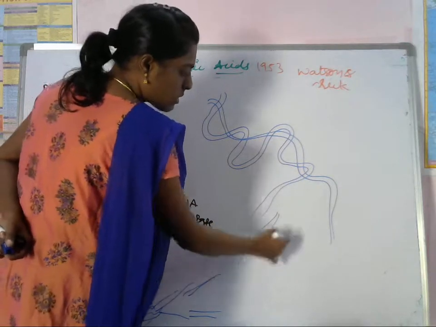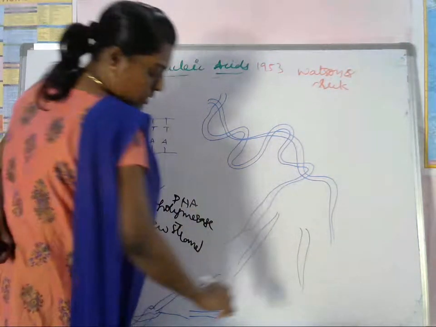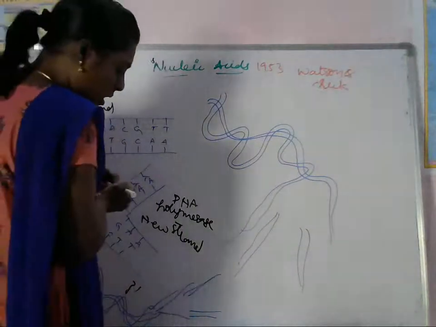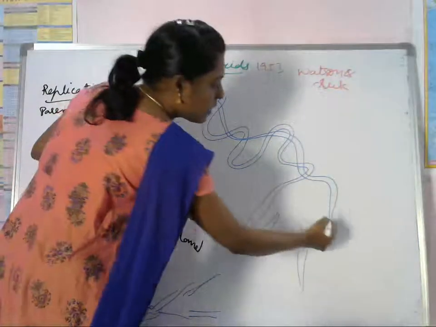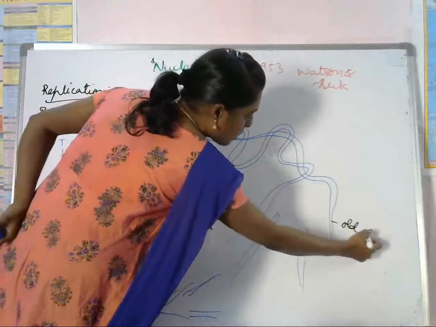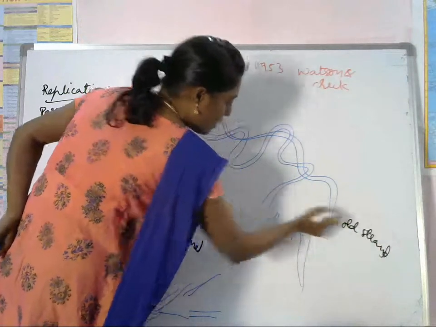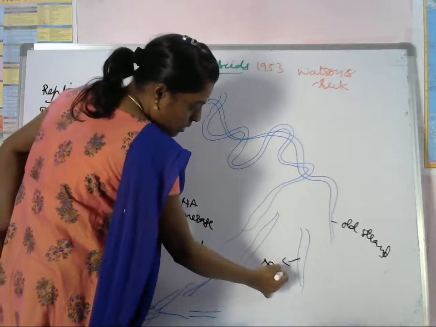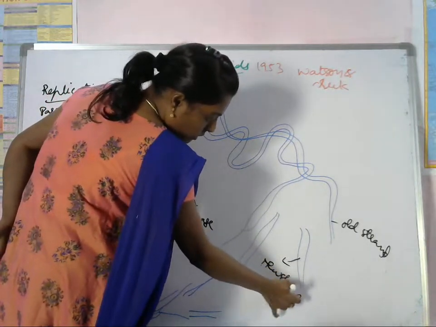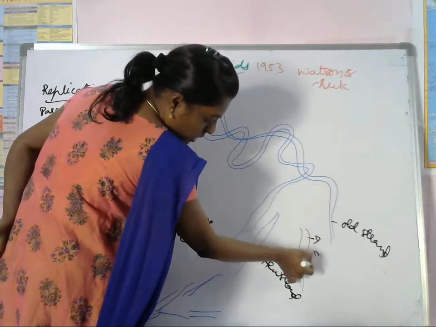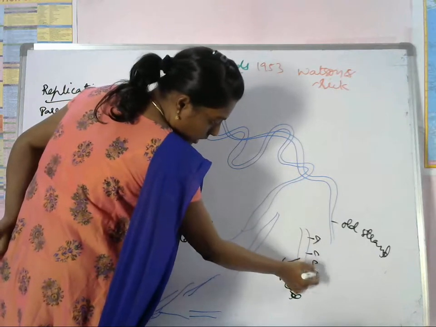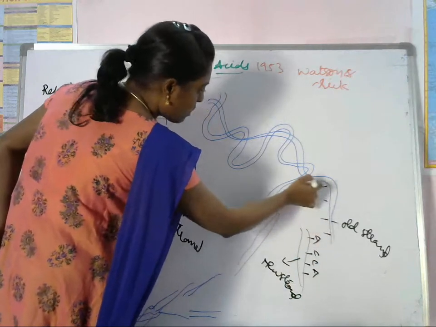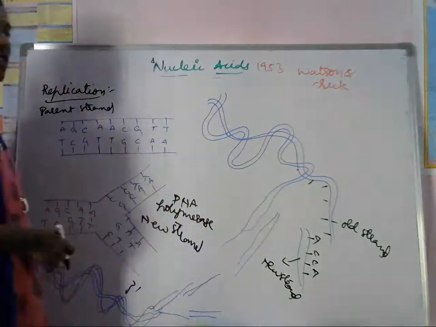So like this, this is the old strand, meaning the parent strand, and this is the daughter strand, meaning the new strand. Here we will have G, C, C, A. We will have the base pairs in each strand.